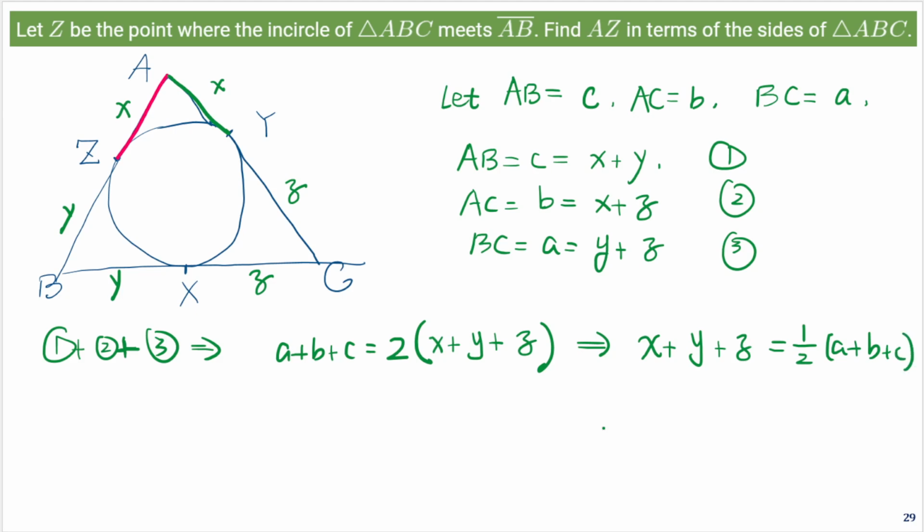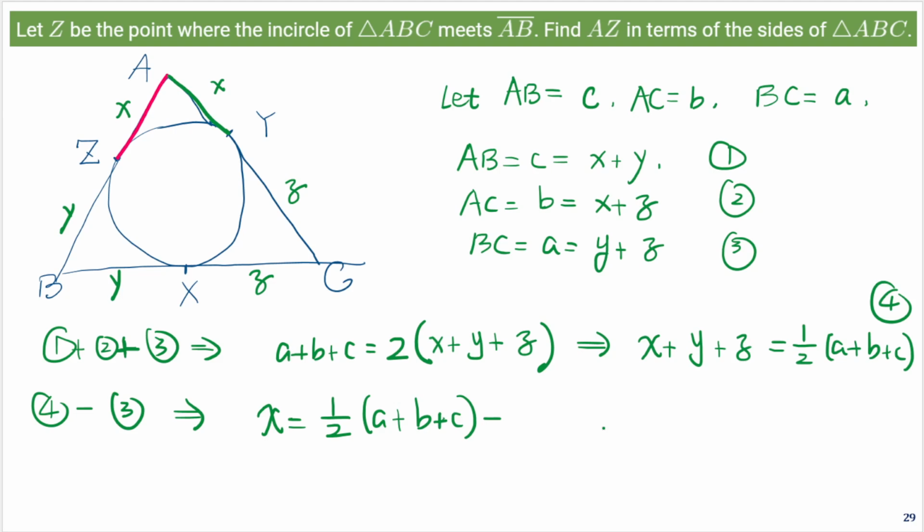Then because we want to find X, we need to eliminate Y plus Z, right? So let's call this equation number 4. Then we could use equation number 4 subtracted by equation number 3. And the left side just becomes X. The right side is 1 over 2 times A plus B plus C, minus A, right?